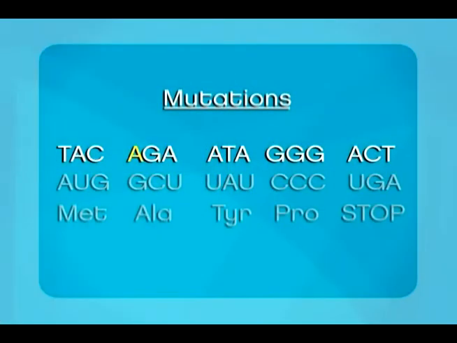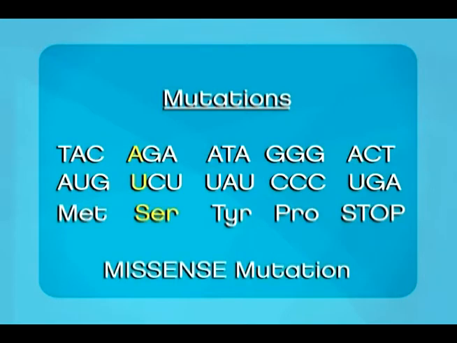First, watch what happens in transcription. In this case, the imposter A gets transcribed into a U. So, our mRNA codon becomes UCU, which translates to serine, not alanine. This type of mutation is called a missense mutation, because in that mutant codon, there is a mistake protein being translated.